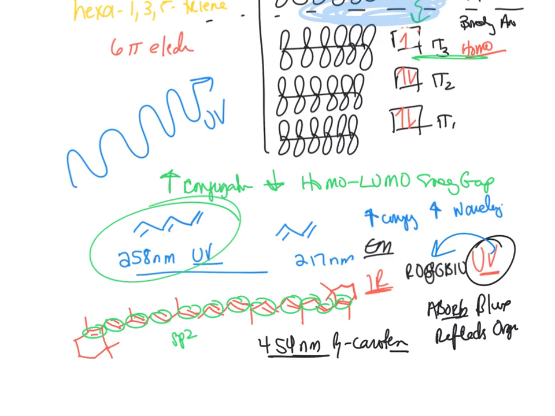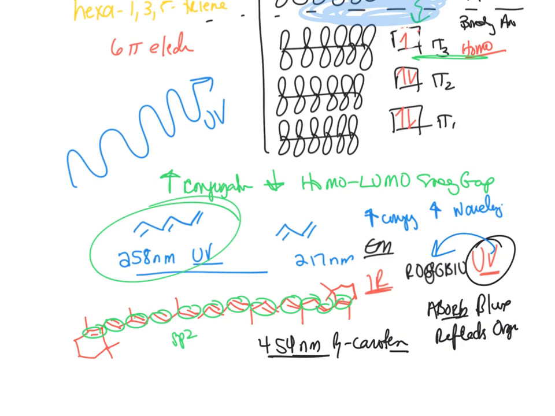Okay, so some of the things we were going to talk about this chapter were conjugation. So hopefully now you can look at an organic compound and assign sp2, sp2, sp2, sp2 carbons and realize that you have conjugated double bonds versus isolated double bonds.